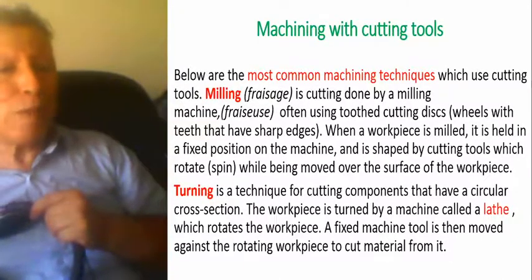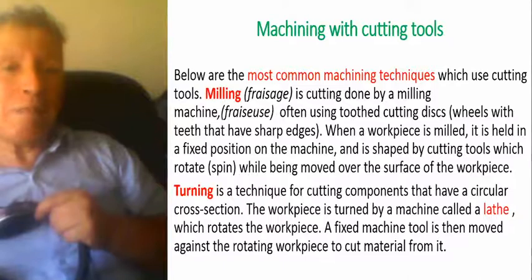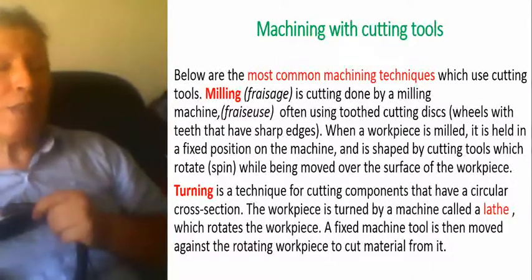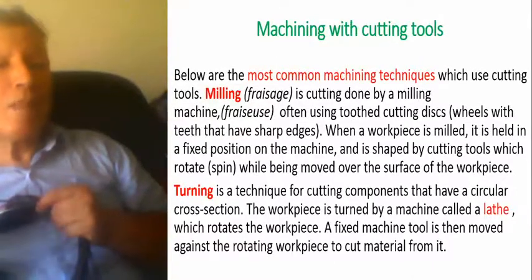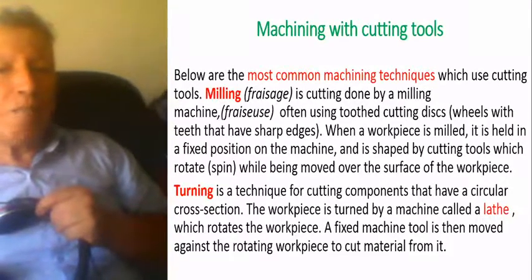It's the opposite of milling. Well, the purpose may be the same, but the method is different. Milling can cut maybe straight objects, but turning has to do with circular objects.